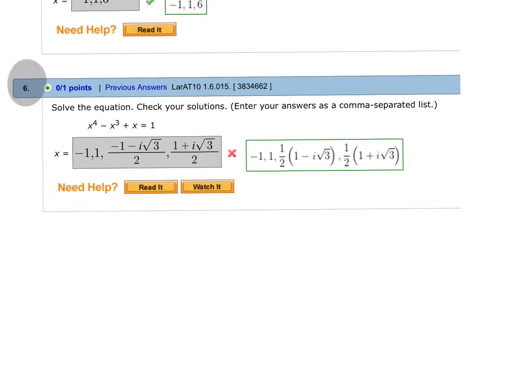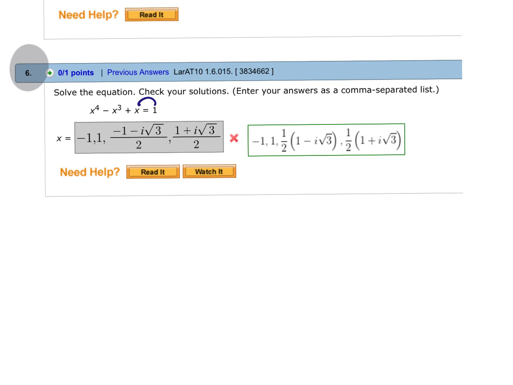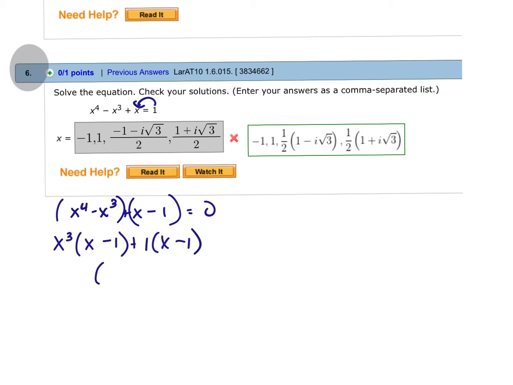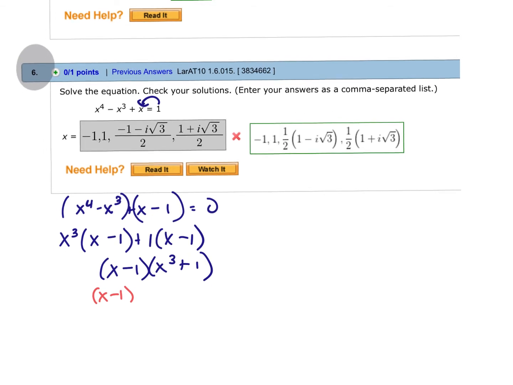All right, 16, you're going to move this over here. So x to the 4th minus x, sorry, not 16, 6, plus x minus 1. Factor by grouping. Take out an x to the 3rd. And there's that perfect cube again. So this would be x minus 1. That gives you the positive 1.